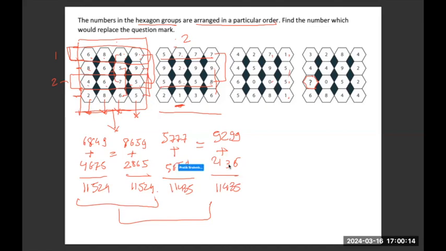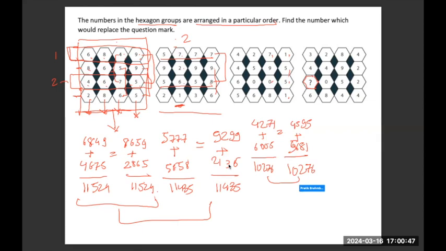But if you want, I'll write it down again. 4271 plus 6005 will be equal to 4595 plus 5681, which is 10276. Both are equal, which means that in the last cell also the same relationship has to be satisfied.